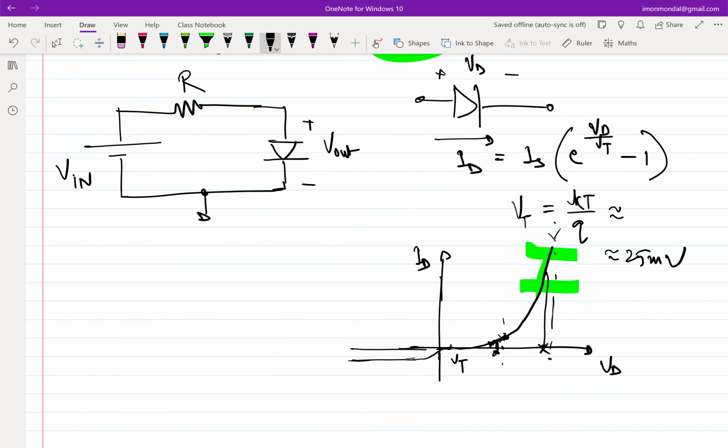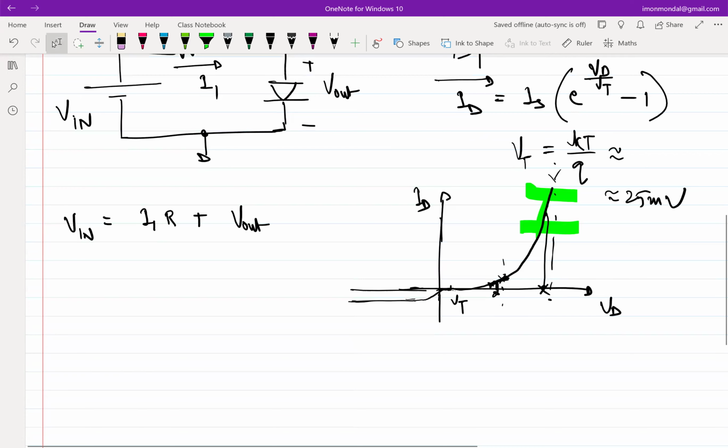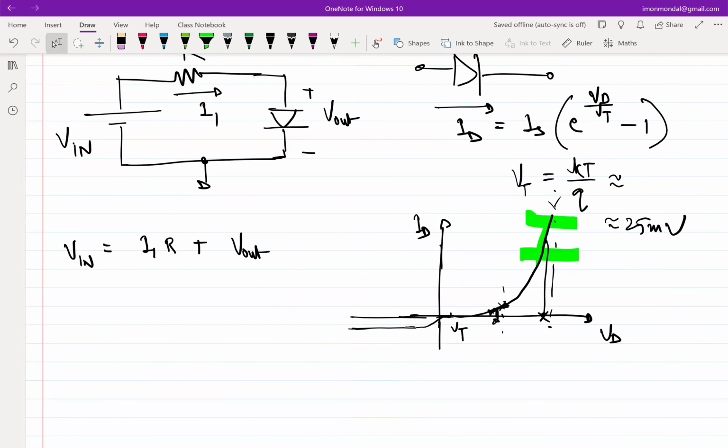So let's assume that this current is I. So let me call this I1. So V in is equal to I1 R plus V out. Now, V out is basically the voltage across the diode.